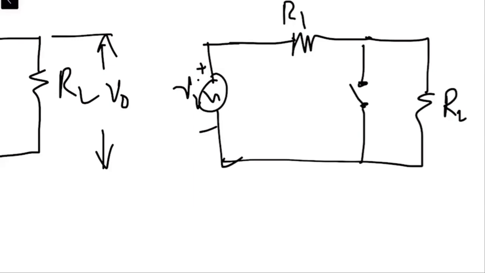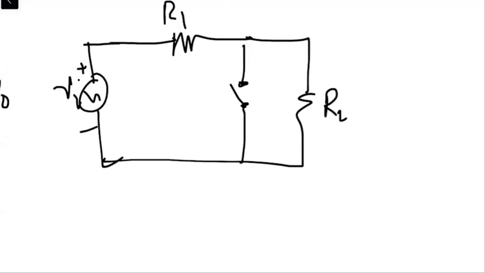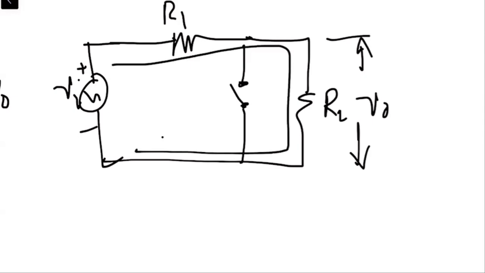So this means that the output will be across V naught, and the current will be flowing in this direction through the resistor RL. So when the positive half cycle comes, the output V naught will be something like this. Again, if RL is very, very big compared to R1, or if it is not, then we can use the voltage divider rule.